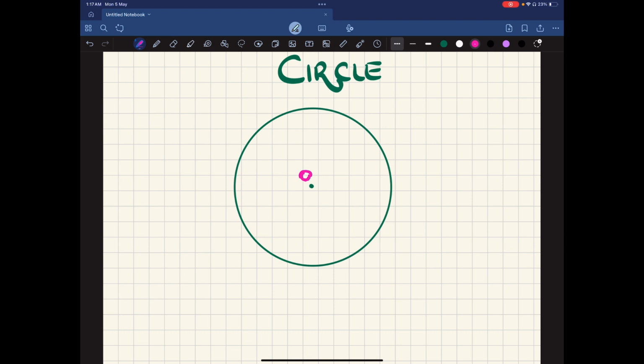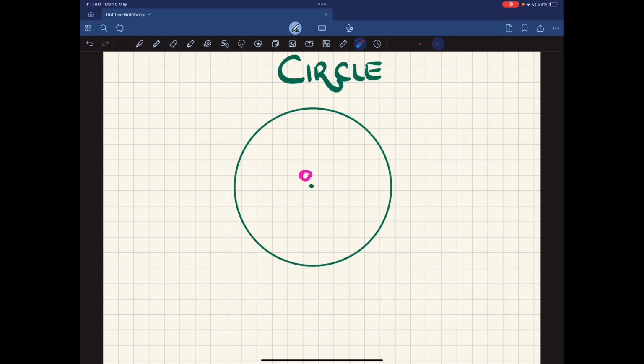Radius is a line segment from the center of the circle to any point on the circle. So this is radius, radius, radius. All radii in a circle are equal.